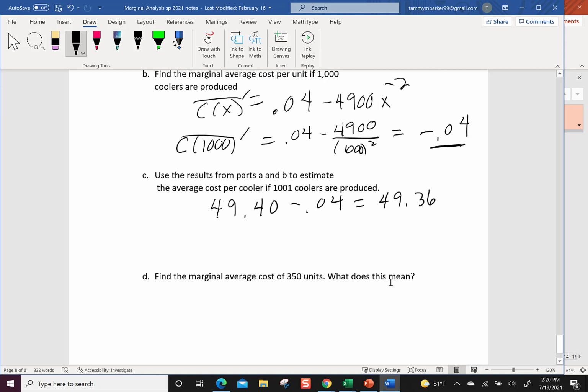Let's do one more. We have find the marginal average cost of 350 units. So we're taking the marginal average cost, which was 0.04 minus 4,900 over X squared, and we're going to plug in 350.